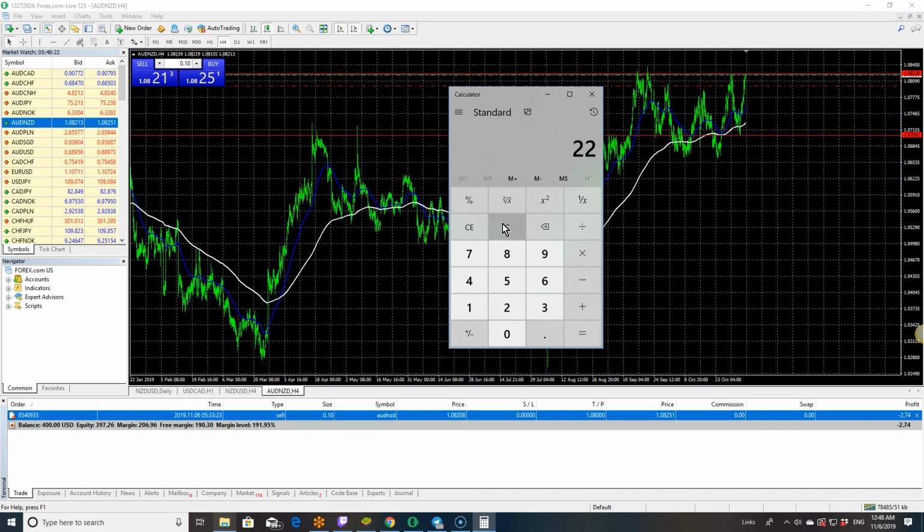The other half comes out of pocket, so $88 out of pocket, and the rest basically comes from your Forex account. And you just do that every month.